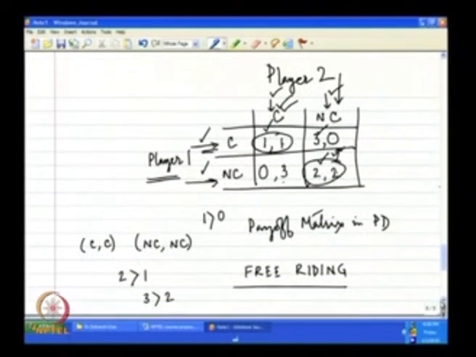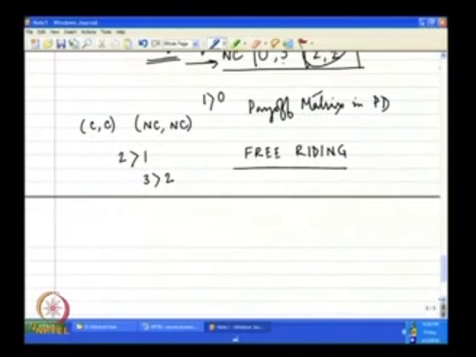Let me wrap up this lecture with a few observations on what we have covered. Firstly, we have said that game theory is different from the traditional, basic microeconomic theory, in the sense that in microeconomic theory the individuals take their actions as if their action is all that matters to them.